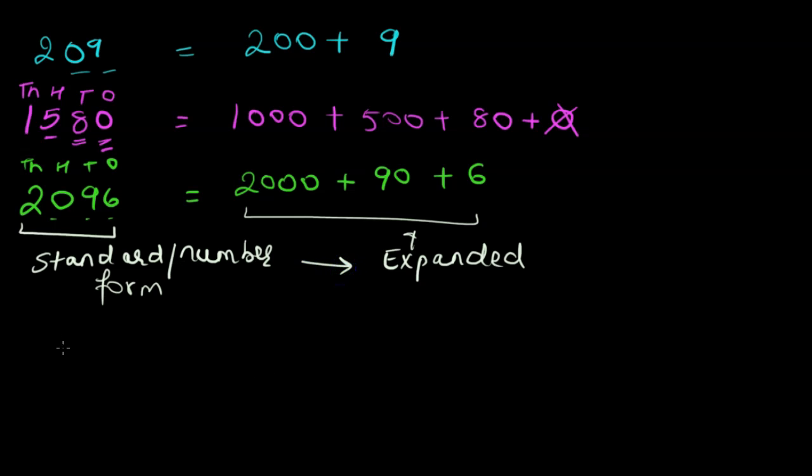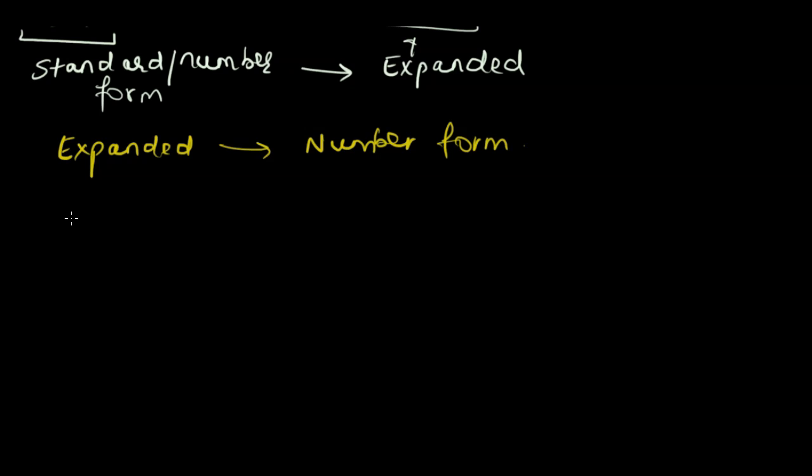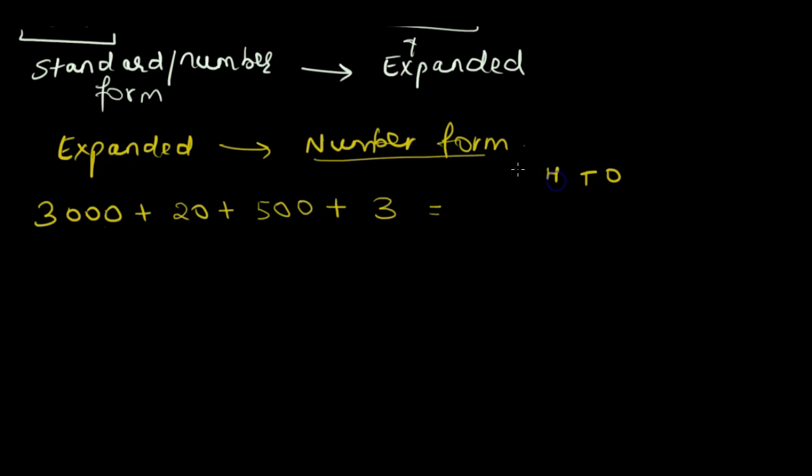Let's now take up examples where we cover expanded form to number form. To write down a number from expanded form to number form, let's say we have an expanded form like this. How do we write it down? We see there are up to 3 zeros, so that means this number is going up to thousands. We always put place values.